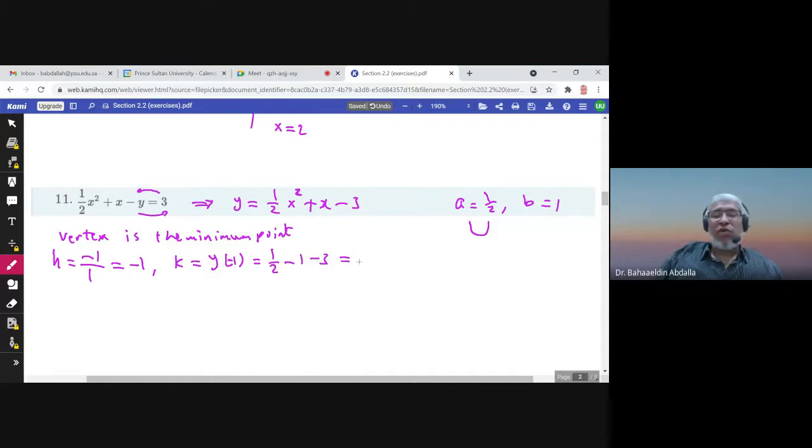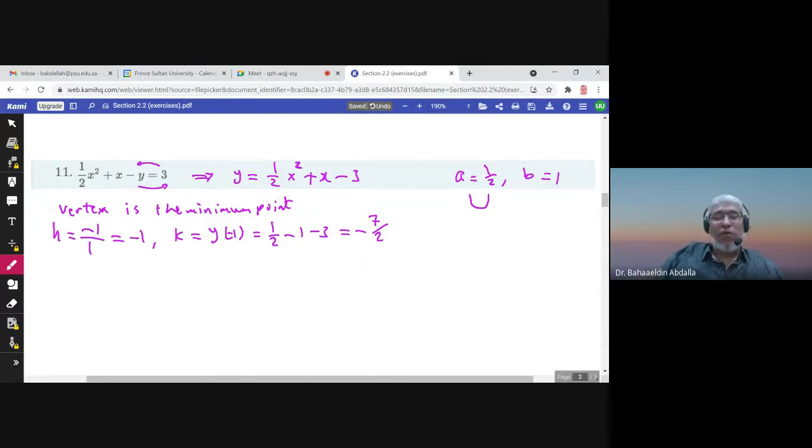So minus 4 plus half, this is minus 3.5 or 7 over 2. All right, so the vertex is -1 and -7 over 2.